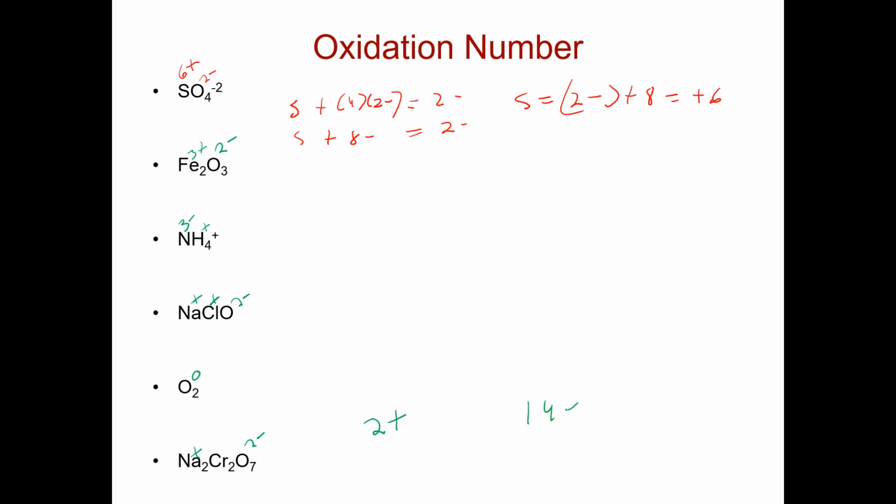If I want to make this compound neutral, I need 12 more on the positive side, and I've got 2 chromiums, so 12 divided by 2 is 6, so I would have a 6+ charge on the chromium.